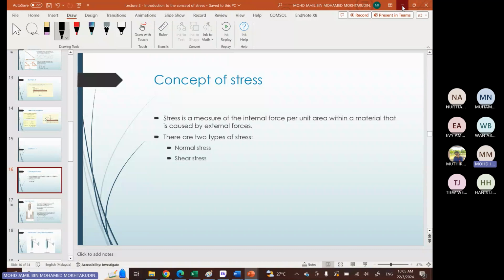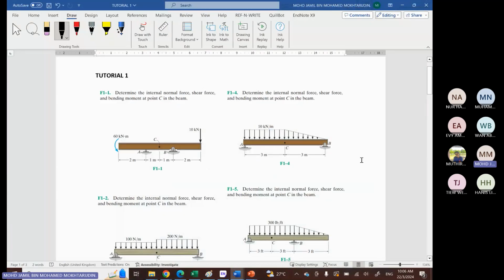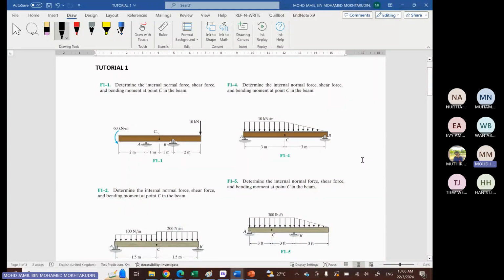So I hope that you have done the tutorial, and maybe if you have done it, then you understand some of the procedure or the process to determine the reaction forces at certain reaction points. And if you continue further with the tutorial, you also understand the process to determine the internal loadings at the respective points.